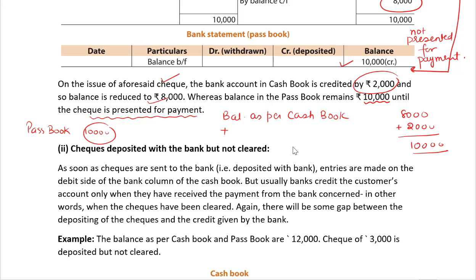What we will write over here? Add check issued but not presented for payment. And we reach the balance as per passbook. I believe you understood point number 1.